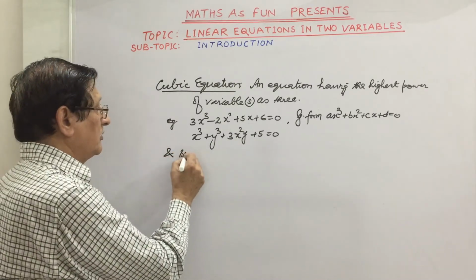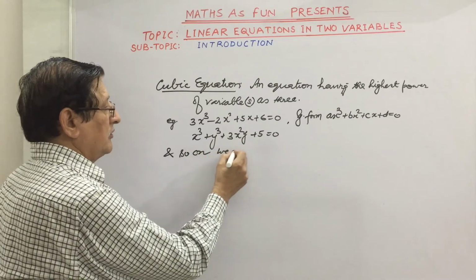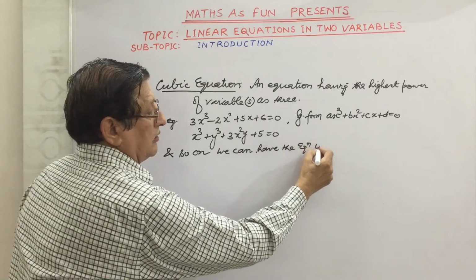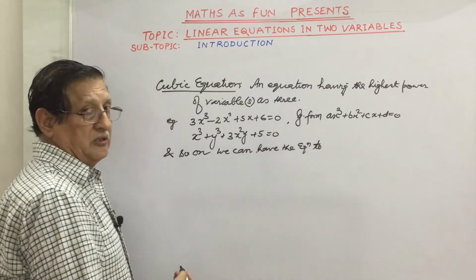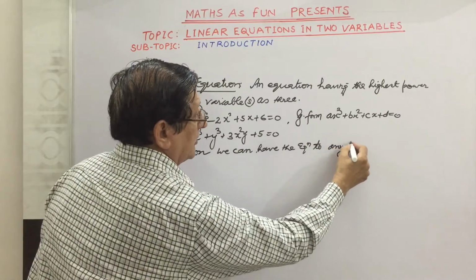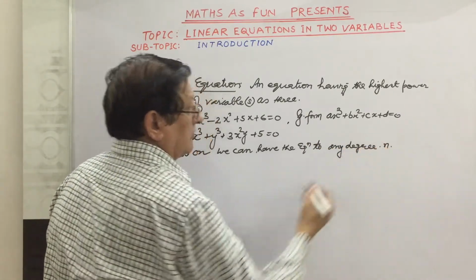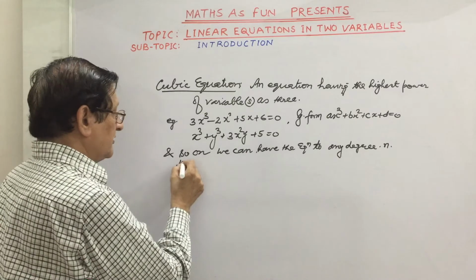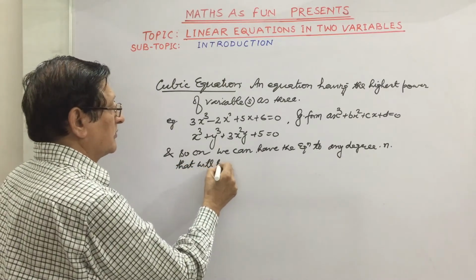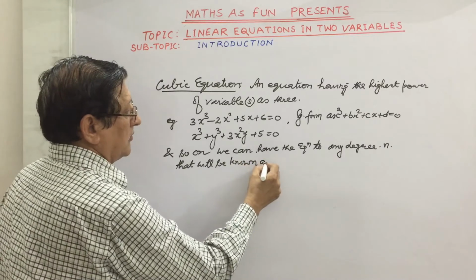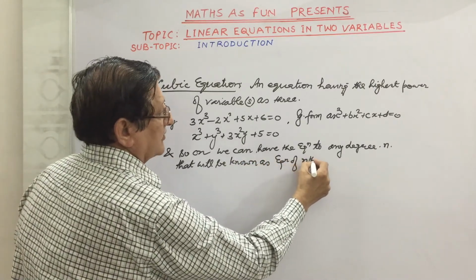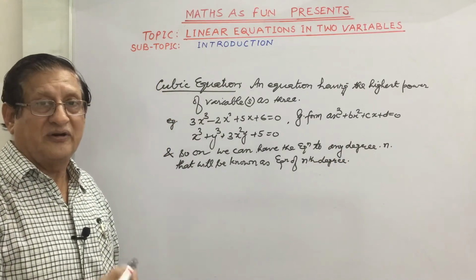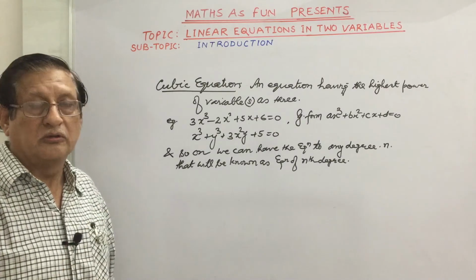And so on, we can have equations of any degree, we say n, and that will be the equation of nth degree. And so we can divide equations into different types according to degrees.